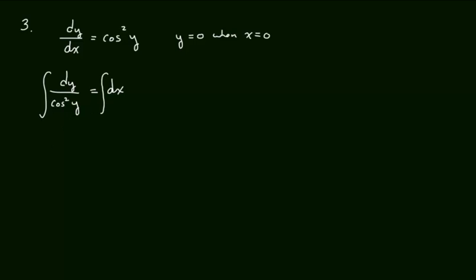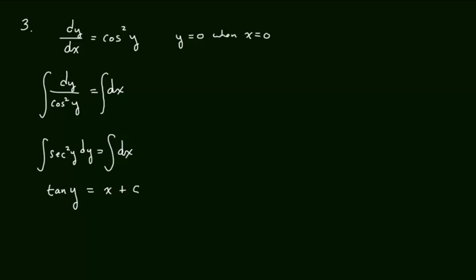Now, in order to integrate this left-hand side, it looks like we will be better off writing it as secant squared y instead of 1 over cosine squared dy, so that we can employ our book of memories. So this becomes the tangent of y equals simply x plus c.